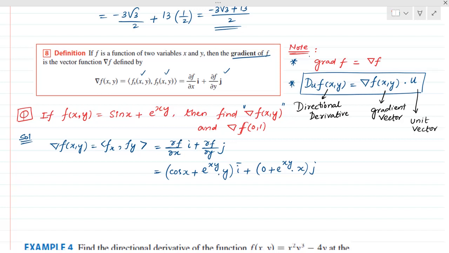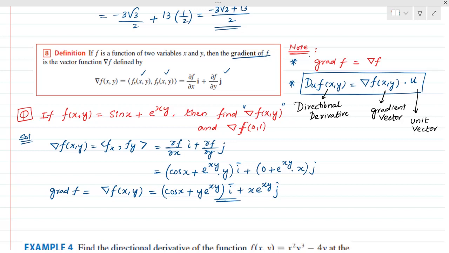So this is the gradient vector at any point, given by del f of x comma y, or we can write it as gradient f. Both are the same notation. This equals cosine x plus y e power xy into i vector plus x e power xy into j vector. So this is at any point.